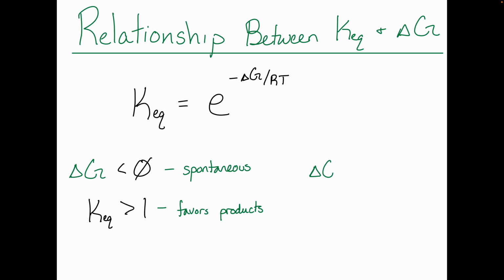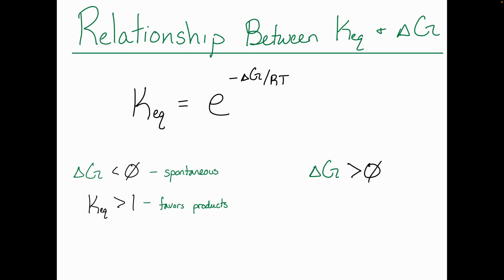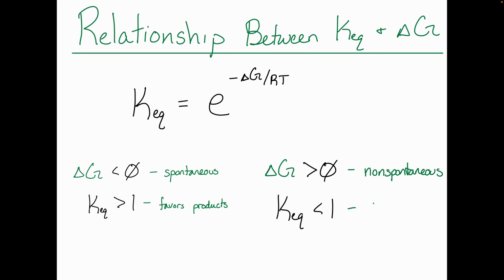Likewise, if you have a delta G that was greater than 0, what we would call a non-spontaneous reaction, that means that your KEQ is necessarily going to be less than 1. Right? So a non-spontaneous reaction is the same thing as saying a reaction that favors the reactants.